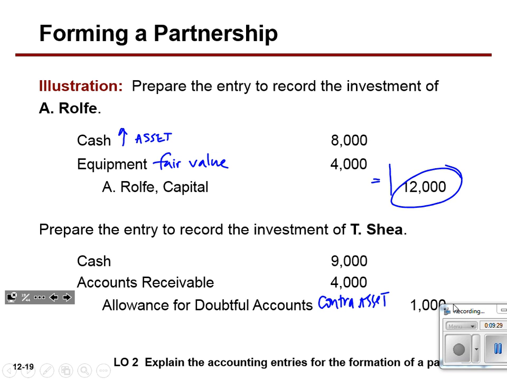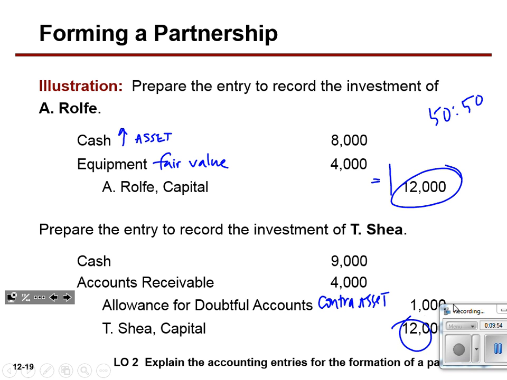It was actually valued at $700, but the other partner must have said, I don't like that you have people owing you money. We're going to bring that up to $1,000 instead of $700. That would, of course, then equal his or her capital at 12 grand. So can you tell that this is a 50-50 partnership just by the value?